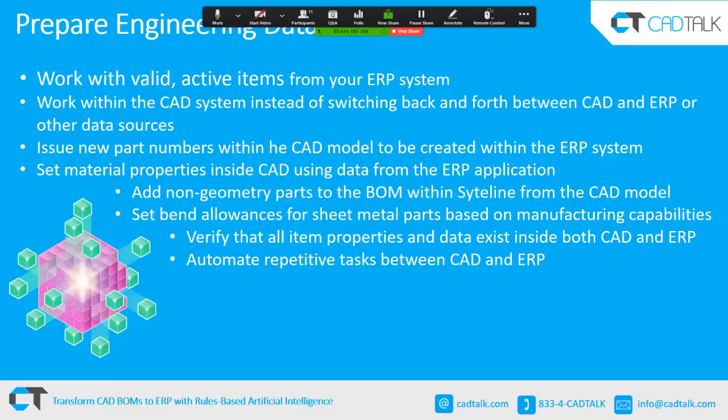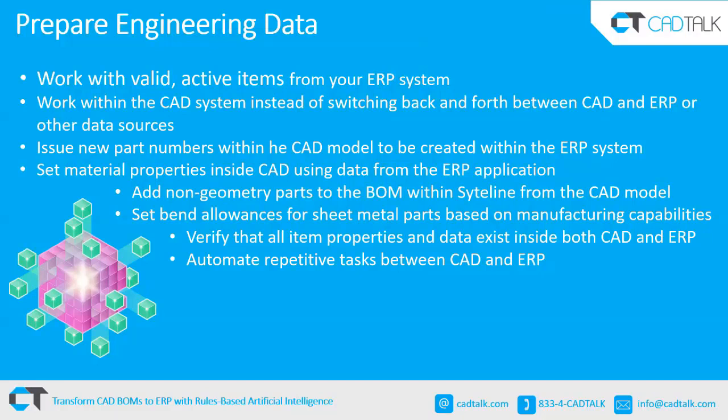So a couple things that CADTALK's really good with is helping you prepare engineering data. We have a piece that actually can be accessed within your CAD application called Design for Manufacturing. And what it does is it gives your engineers information from Infor CSI.